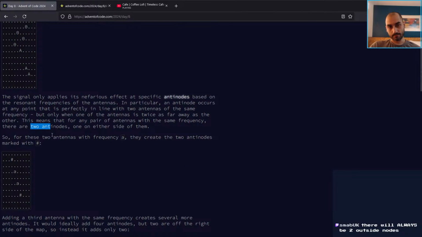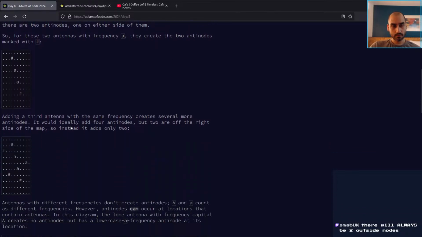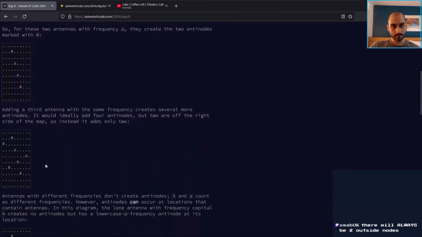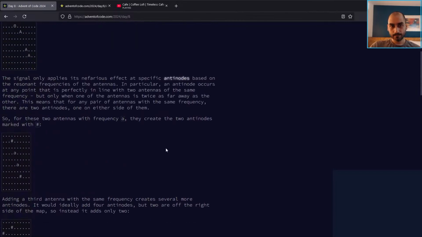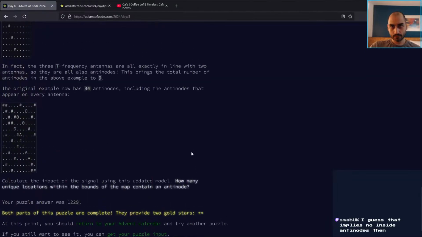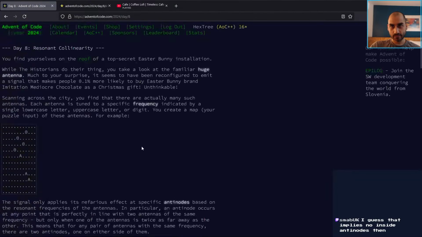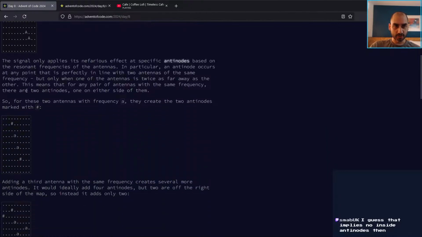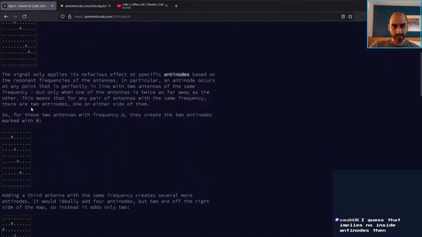But then apparently there are no inputs with more than 2, so whatever. I guess that implies no inside antinodes, but then they shouldn't have used the phrase "this means that." That's the only bit I have an issue with.